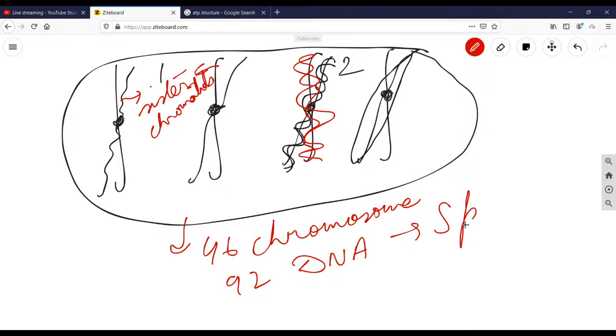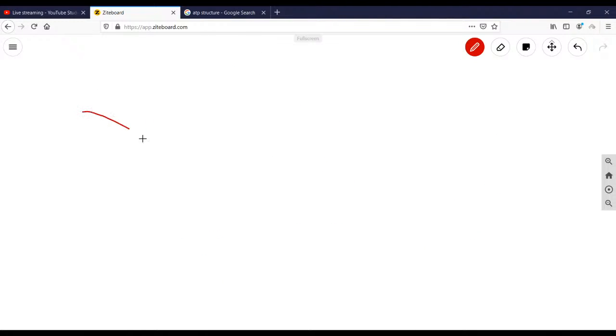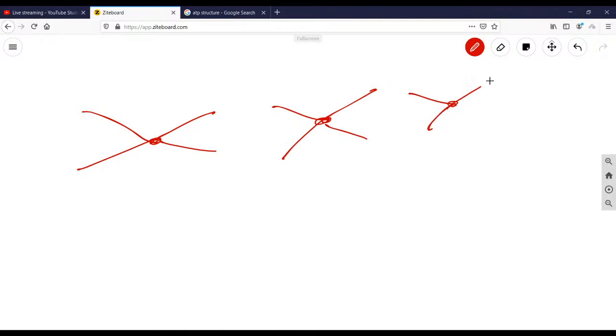After the S phase gets over completely, what would happen is, in one of the phases known as anaphase, suppose you are having 46 chromosomes, first pair, like this, 46 total. Now if we divide it from here, you will get two cells.